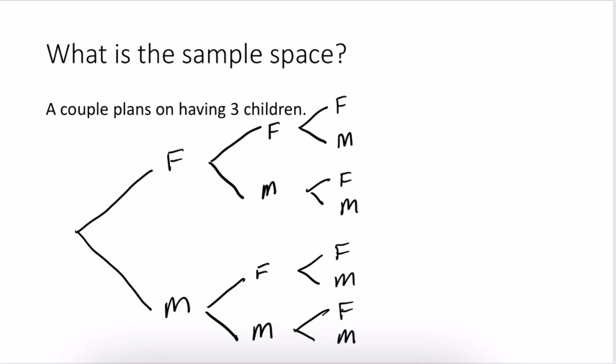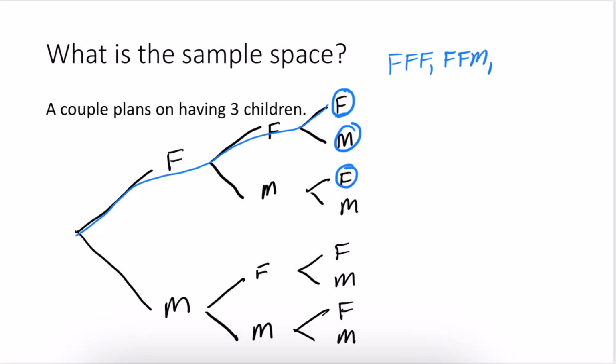And so if I wanted to list out the sample space, basically I just need to take each of the end branches and trace it back to see what outcome that represents. So in this case, this first one represents having all girls. Then this one represents having 2 girls and then a boy.